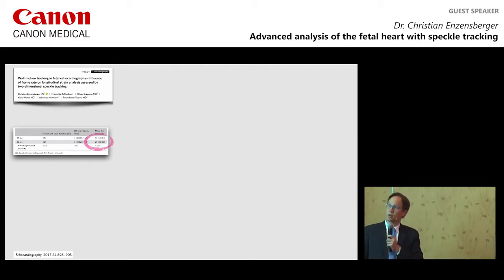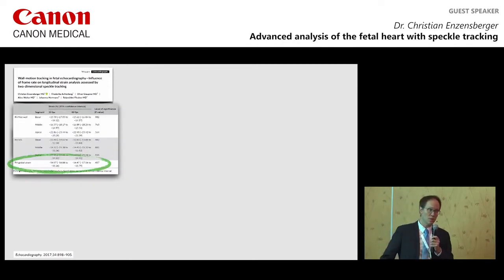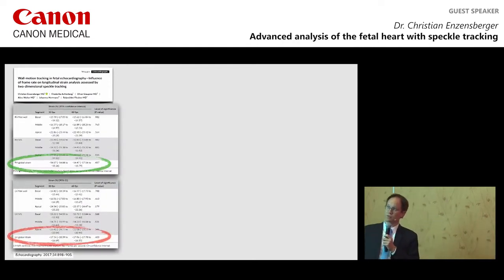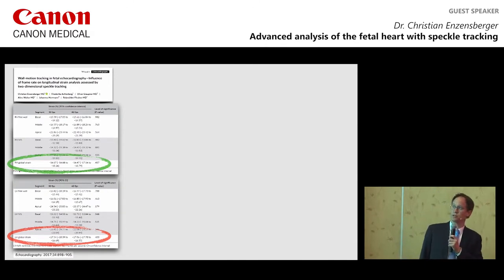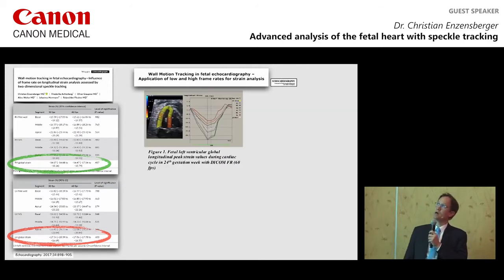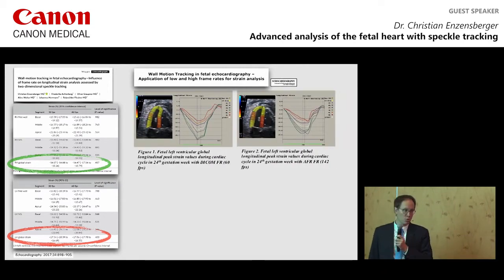And we checked, is there a difference between both frame rates, and we could detect that there is no difference between those two frame rates. They are very low, obviously. So in the next step, we had a look at the original frame rate.